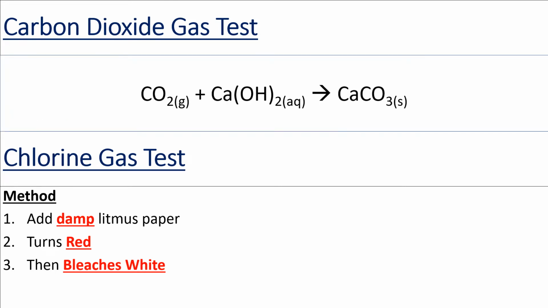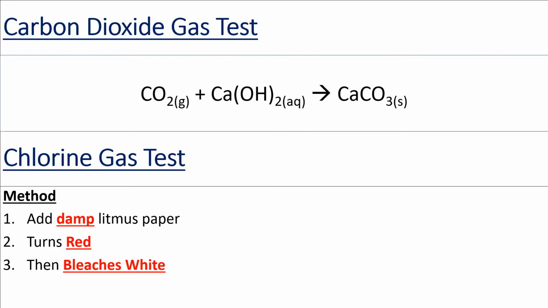And that's because lime water is calcium hydroxide, and when you bubble carbon dioxide through it, it forms calcium carbonate, which is insoluble. So that cloudiness that you're seeing is actually solid calcium carbonate being produced. If you left it long enough, all of that calcium carbonate would settle at the bottom, and you would actually have solid calcium carbonate at the bottom of the test tube.